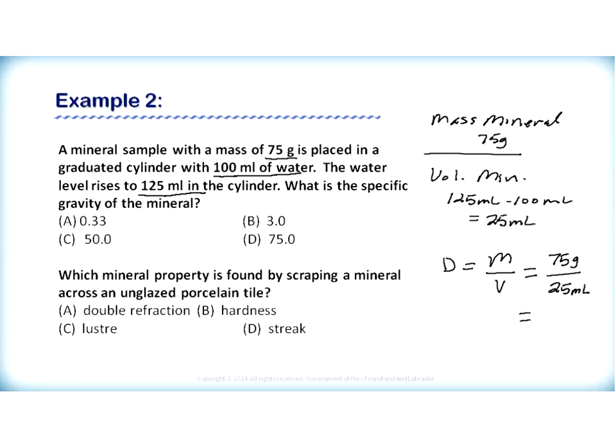And this will correspond to an answer of 3.0 grams per milliliter. But through core lab number 4, we know that density equals specific gravity. Therefore, the specific gravity in this case will be 3.0. So our answer to this question would be B, 3.0.